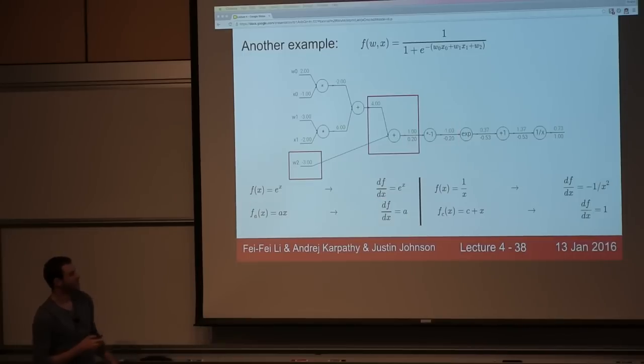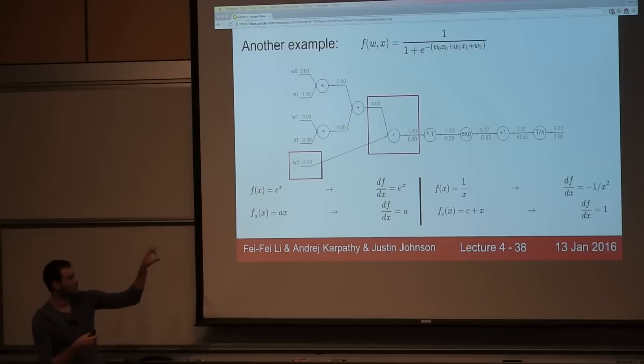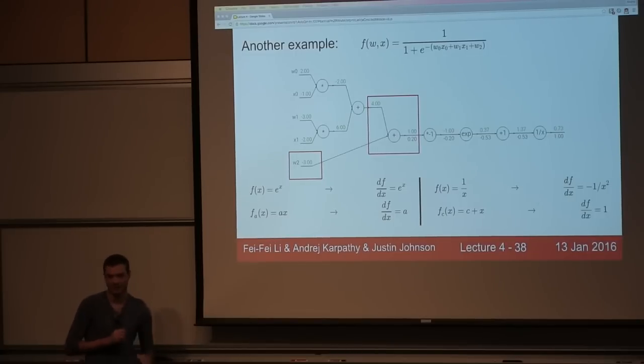So we're now continuing backpropagation. We're backpropagating the plus gate, and this plus operation has multiple inputs here. The local gradient for the plus gate is 1 and 1. So what gradients flow along the output wires?